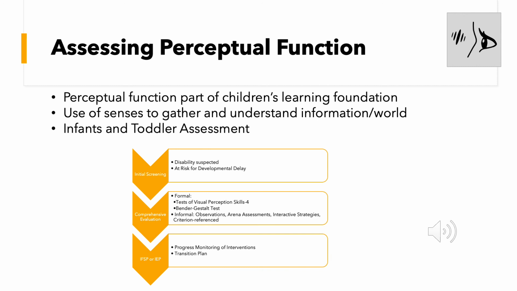The comprehensive evaluation then consists of formal assessments such as Test of Visual Perceptual Skills 4 and the Bender-Gestalt test, and numerous informal assessments like parent observations, interviews, etc. The third step includes progress monitoring of the prescribed intervention, ongoing assessments, including transition planning for school entry.